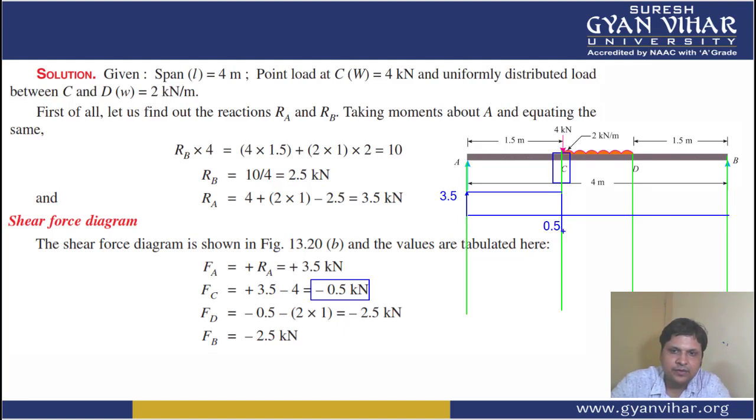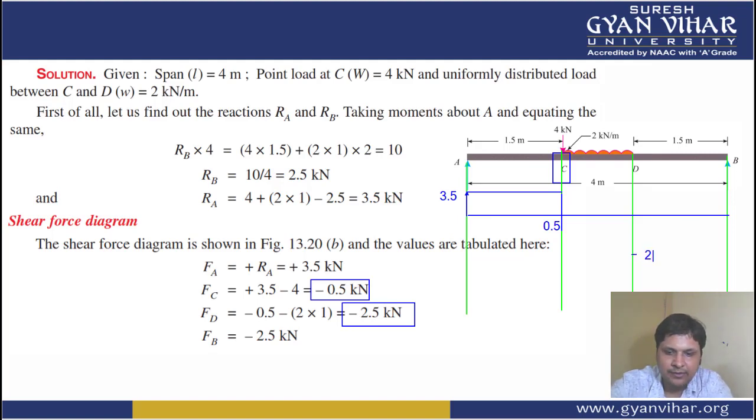So I am taking it below the baseline because the values below the baseline are taken as negative. Then from C to D, you have a UDL now, and the value of UDL is 2 kilonewton per meter. If you reach point D, you already have minus 0.5, and then you have 2 kilonewton per meter force acting on 1 meter distance. It is also going downwards, so it will be taken as negative. So minus 0.5 plus minus 2 will be equal to minus 2.5. So at point D you will have the value minus 2.5.